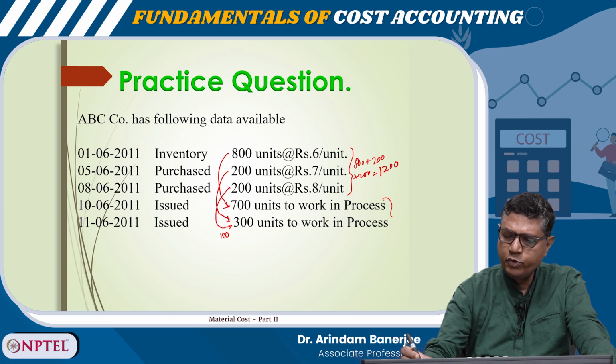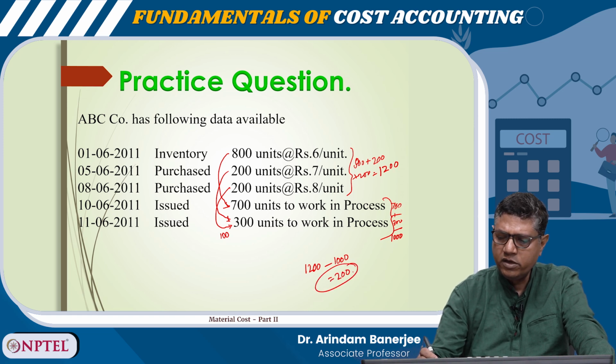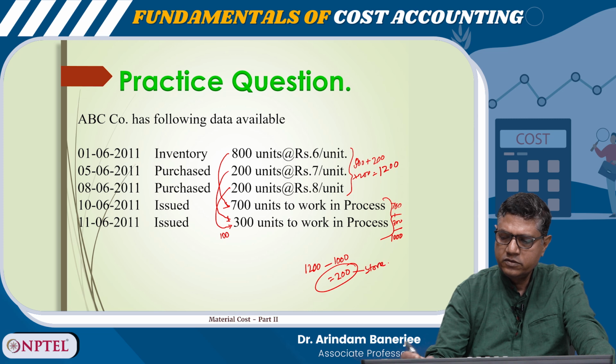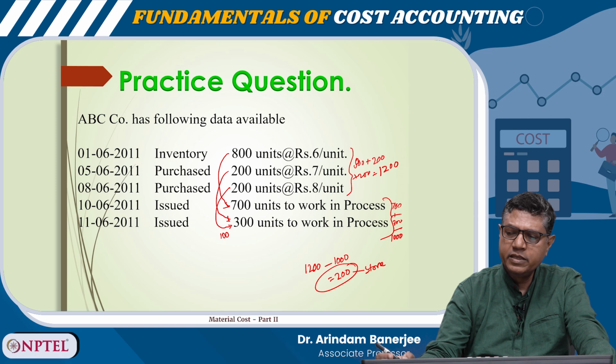And you are issuing how much? 700 plus 300, 1000, right? Your issue. So, how much should be in store? In store should be 1200 minus 1000, 200. So, this should be in your store, right?